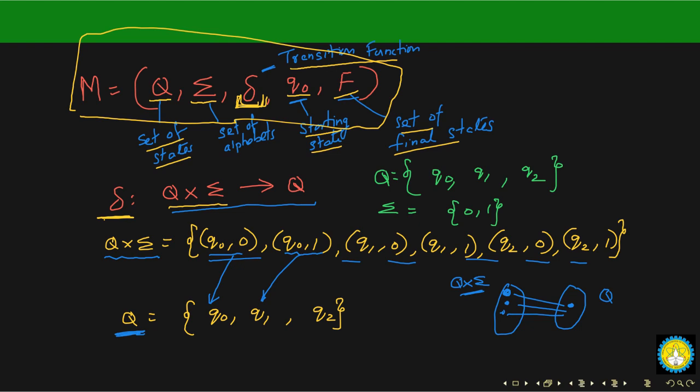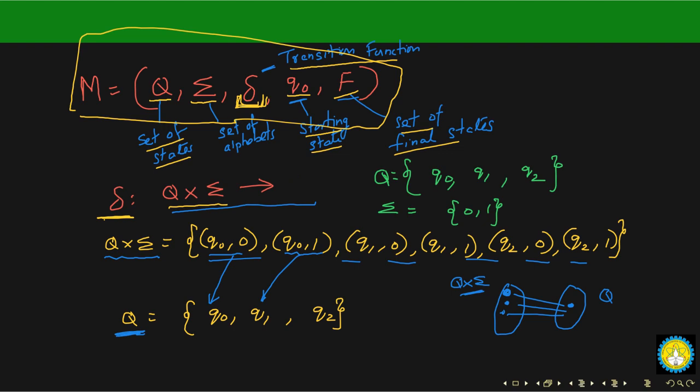The difference is that the mapping is from Q cross sigma to the power set of Q. So instead of Q, the mapping is defined to the power set of Q. That's the key difference here.